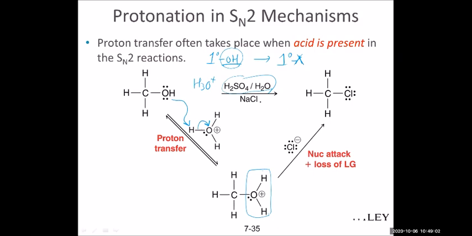Among these three, the chloride is the better nucleophile, and the better nucleophile will attack from the backside. Okay, very important. For the SN2 reaction, the nucleophile attacks from the other side of the leaving group.